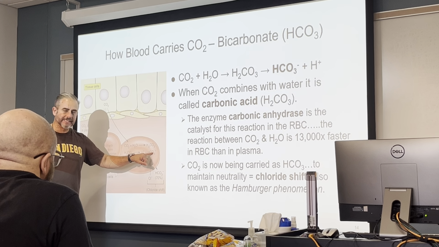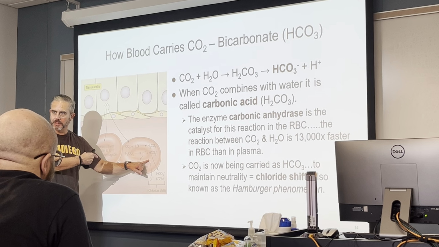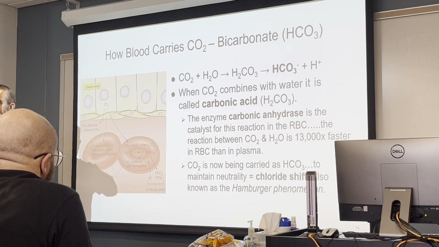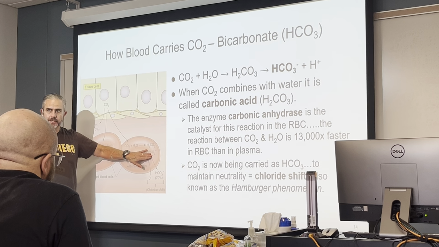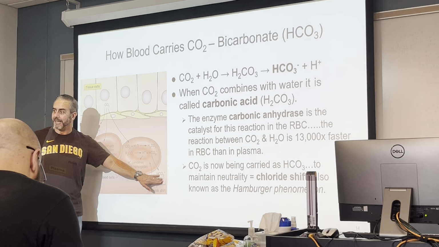So what happens now, we lose this negatively charged ion that was in the red blood cell. Well, the body wants to maintain electrical neutrality. So since we lose a negatively charged ion from the cell, something has to take its place.